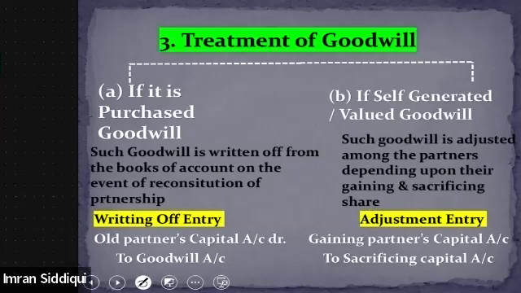On the other hand, if it is self-valued goodwill, the treatment is different: we need to pass the adjustment entry. Keep in mind that for purchased goodwill we pass the writing off entry, and for self-generated goodwill we pass the adjustment entry.